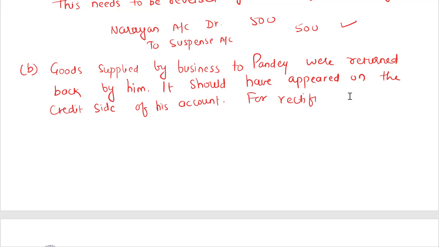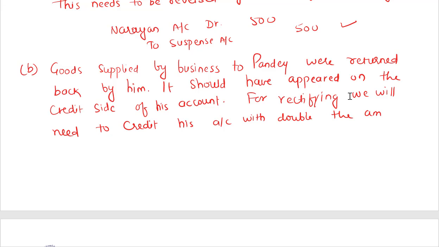For the rectification purpose, we will need to credit Pandey account with double the amount, that is rupee 1500. How? 750 plus 750. 750 to cancel the wrong debit, and another 750 is to give effect for the correct side.